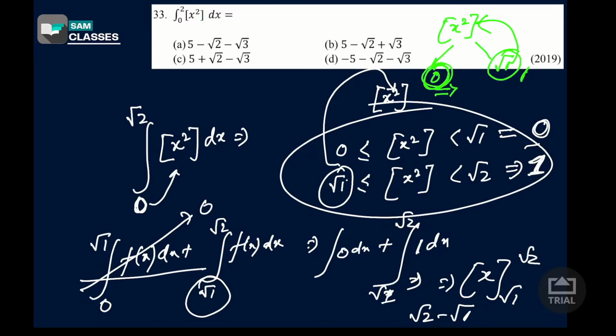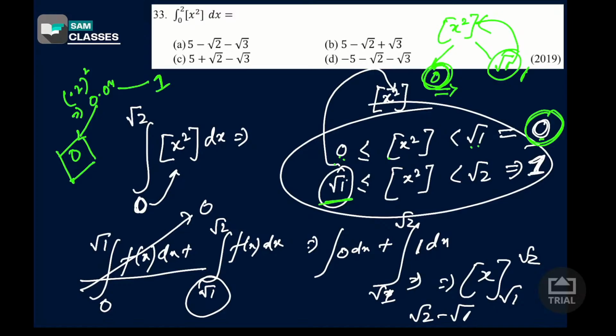Any value lying from 0 till 1 will give me 0 only. Even if I square it, take a value 0.2, square it, 0.04. Which integers is it lying between? 0 and 1. The smallest among those is 0. So any value from 0 to root 1 will always give 0.